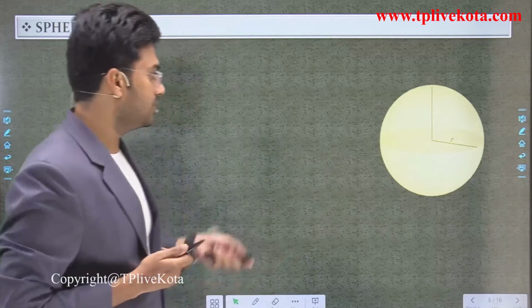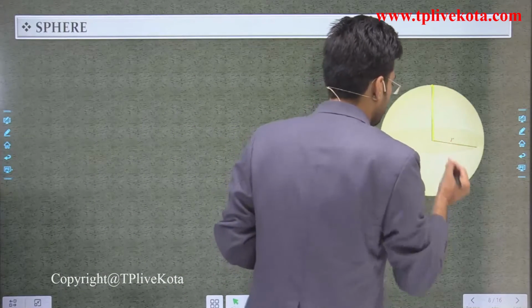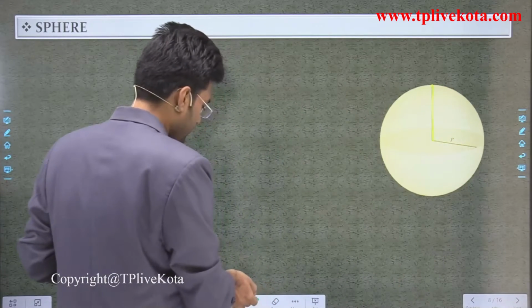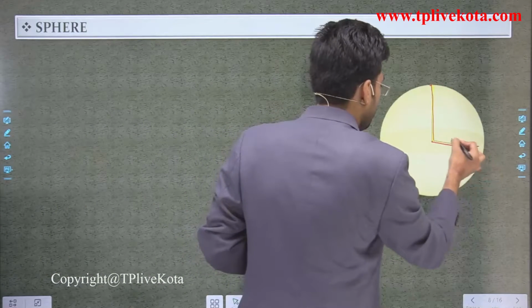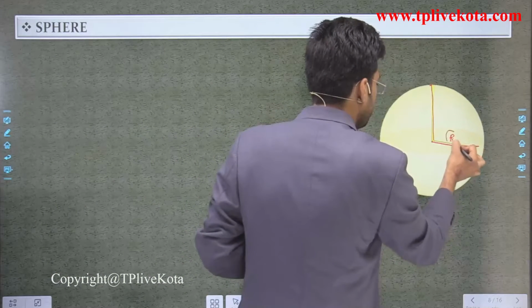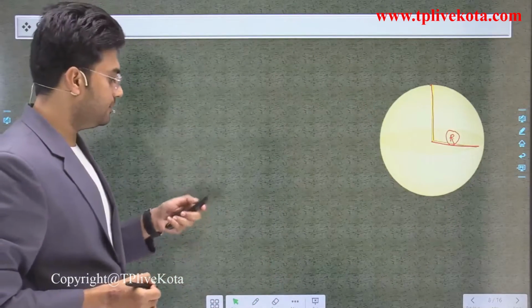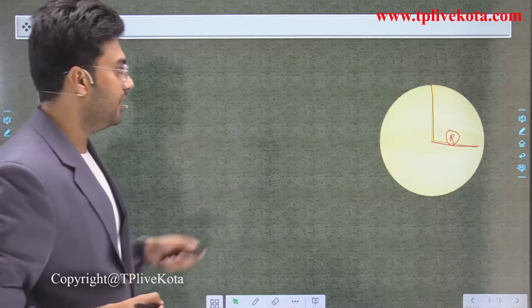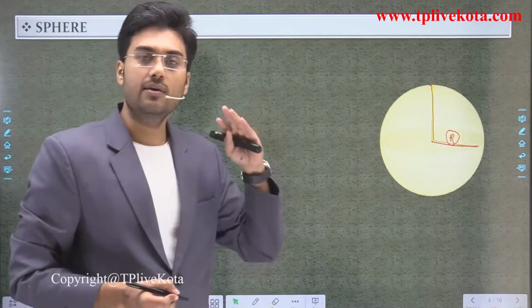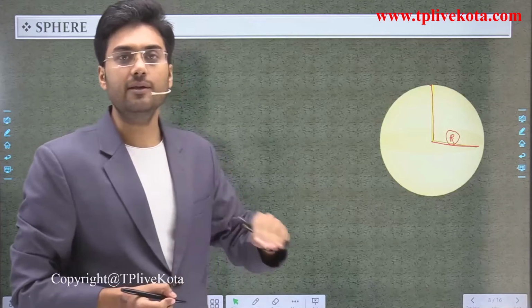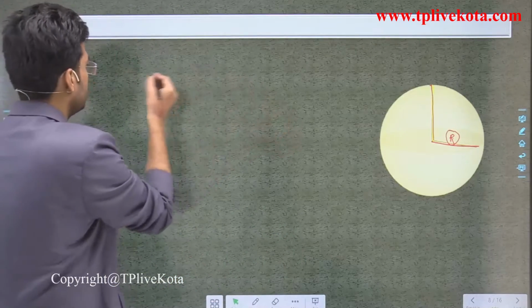So this is what? This is the sphere, and let radius of this sphere is capital R. So students, for the sphere we have only one curved surface. Okay, for the sphere we do not have any flat surface, so we have only one curved surface here.